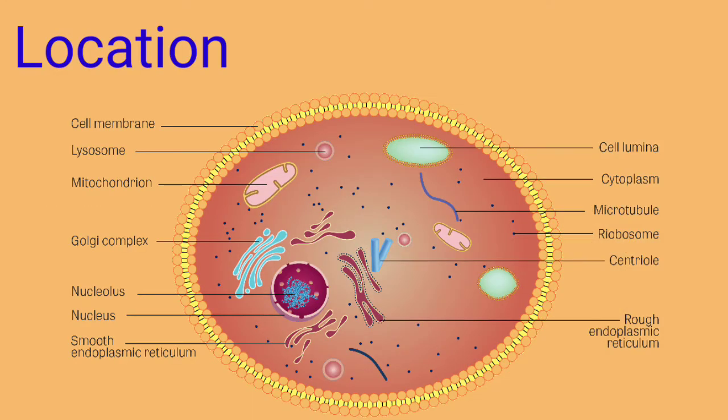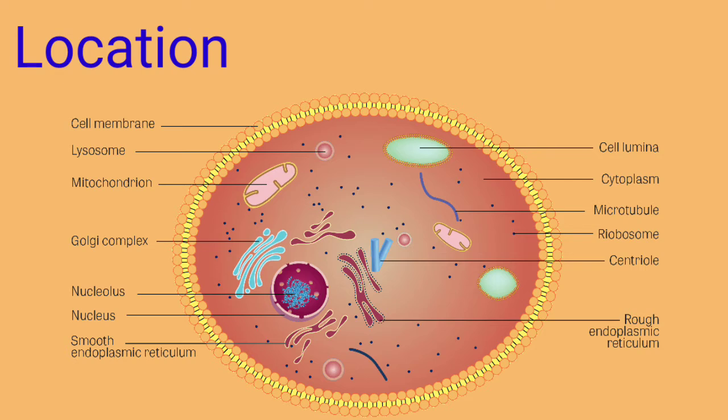Now let's come to the location of this Golgi apparatus. The Golgi apparatus is mostly present in all eukaryotic cells, and especially in those cells which are secretory in function. That means they secrete, for example, chemical substances like hormones, enzymes, or other such secretions.